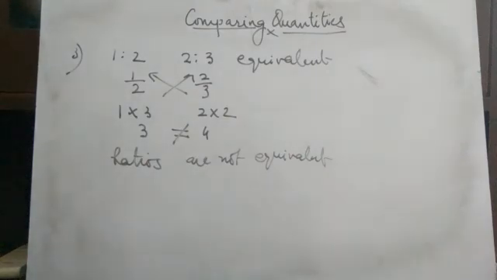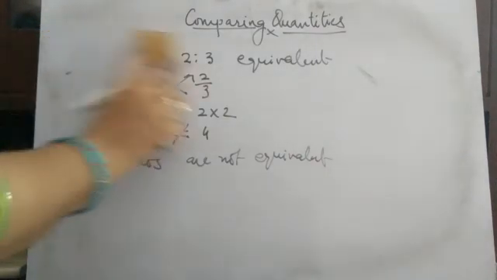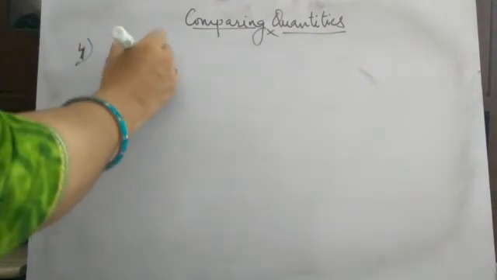Okay. Another type of example, one more we will take. In a computer lab, there are 3 computers for 6 students. How many computers will be needed for 24 students? That is, the ratio of computers to students is given.